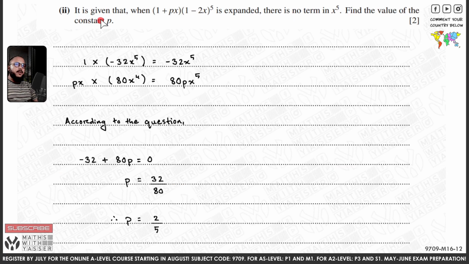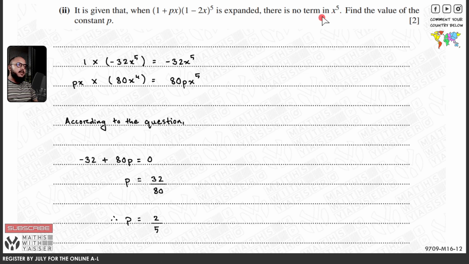Now for the second part of the question, it is given that when (1 plus px)(1 minus 2x) to the power 5 is expanded, there is no term in x to the power 5. That means the coefficient of x to the power 5 is 0. We need to find the value of the constant p.